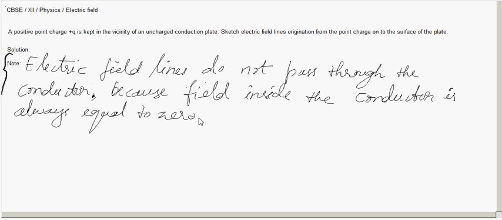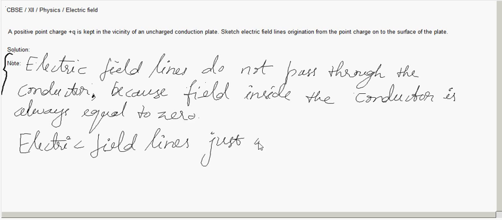Another point is that the field lines just outside the conductor are normal to its surface. This is very important. Electric field lines just outside the conductor are normal to its surface.